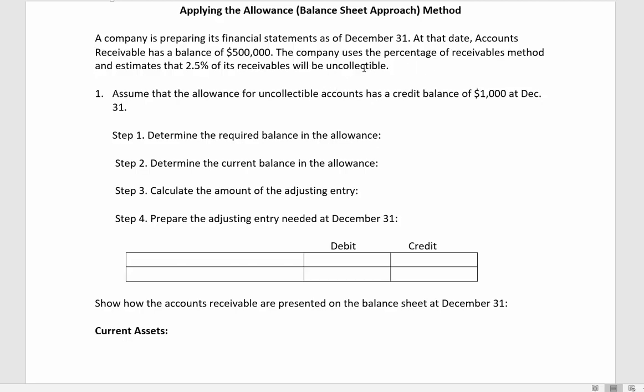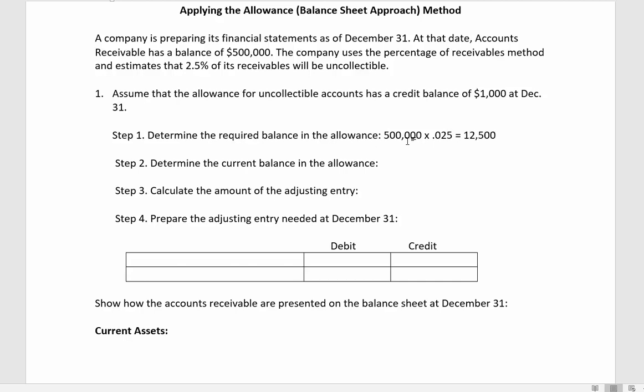So the receivables have a balance of $500,000, and they estimate that 2.5% of the receivables will be uncollectible. So the required balance is $500,000, which is our receivables, times 2.5%, and that's going to give us $12,500.